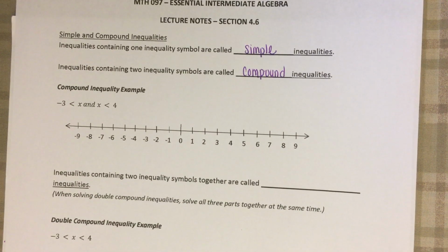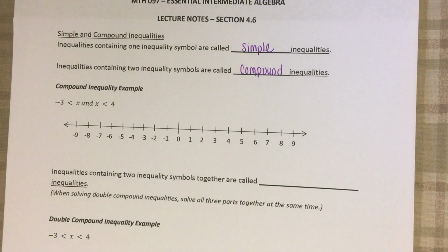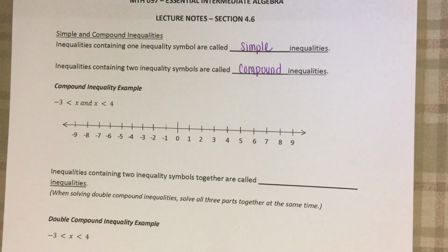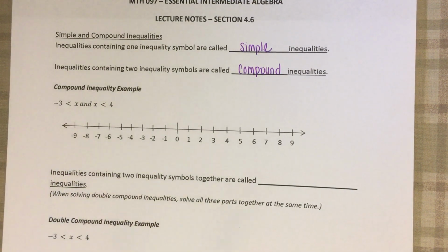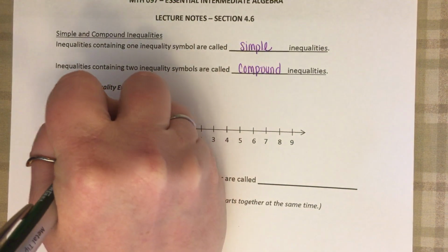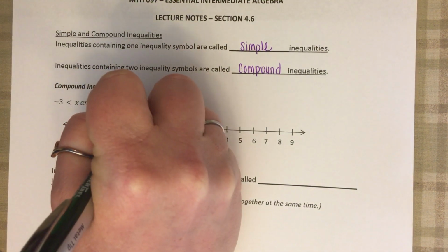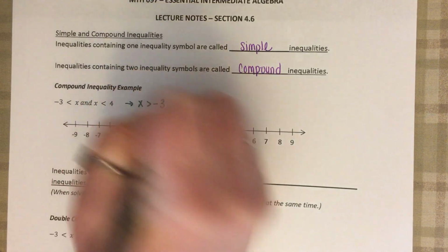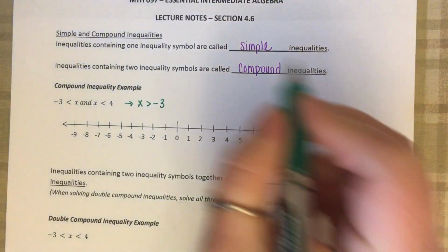So this is one example of a compound inequality in the next part here. -3 is less than x, and x is less than 4. First thing we want to do is rewrite this. We're going to rewrite -3 less than x as x is greater than -3, because we always want our x first.